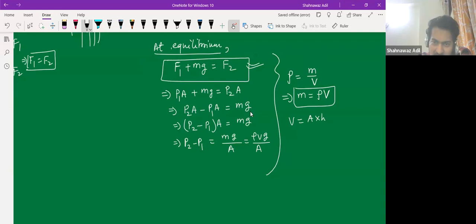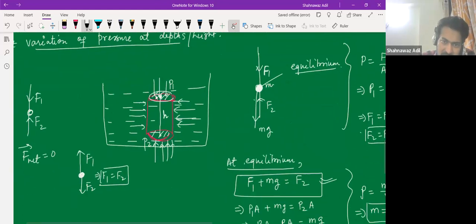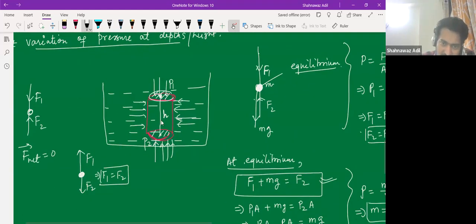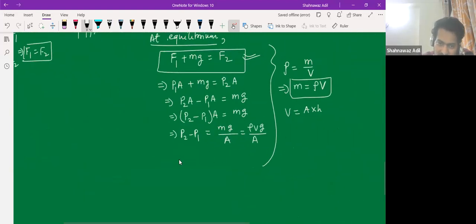And I know that mass is related with density. Density is mass by volume, so I can write mass as rho into volume. I plug that value in. I also know that the volume of this cylinder is base area into height, pi r square into h. Pi r square is area, so volume is area into height.